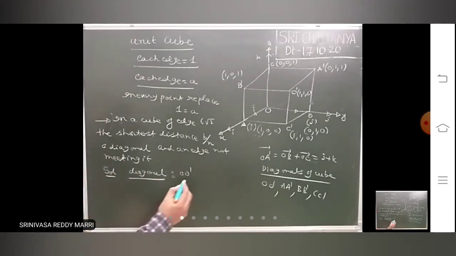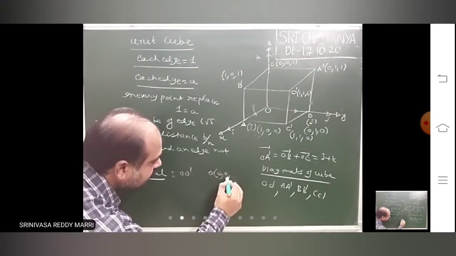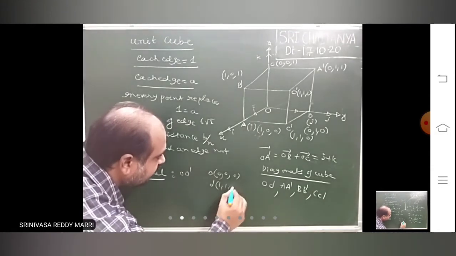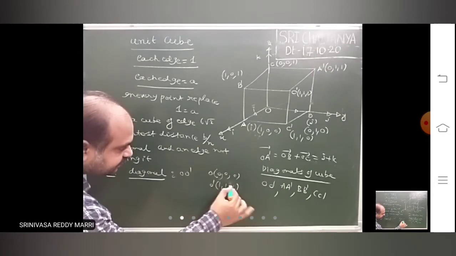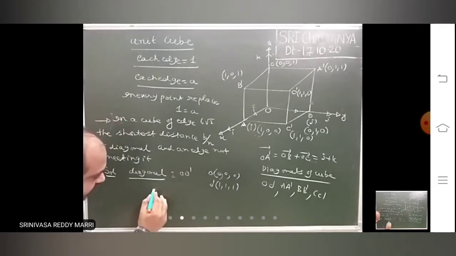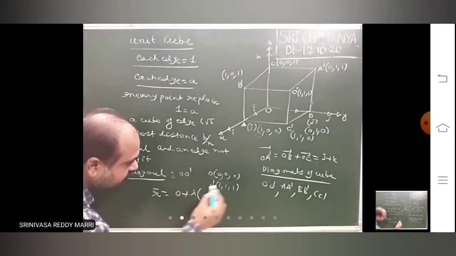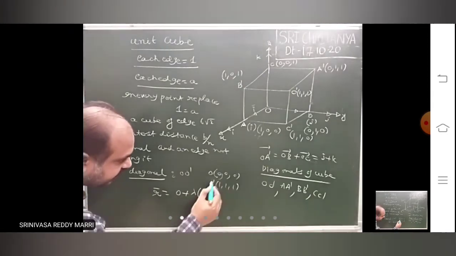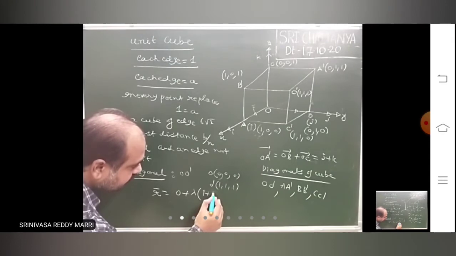O' line means, write the points: O' is nothing but 1, 1, 1. So this position vector is A bar, this position vector is B bar. What is the line? R bar equals 0 plus lambda into B bar minus A bar, that is this vector minus this vector. This is I plus J plus K.